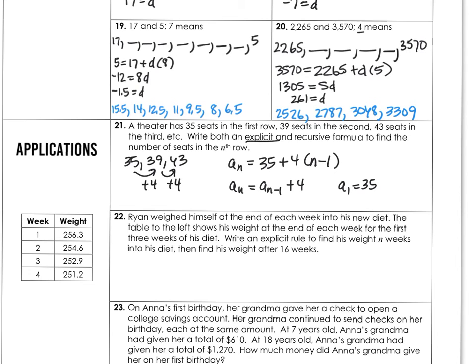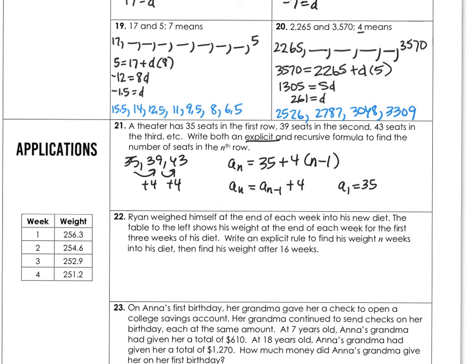Okay, 22, Ryan weighed himself at the end of each week of his new diet. The table to the left shows his weight at the end of each week for the first 3 weeks of his diet. Write an explicit rule to find his weight n weeks into the diet, and then find the weight after 16 weeks. Of course, we know you're not going to lose weight steadily, or might not, especially not the same amount each time, but we're going to pretend that it is.